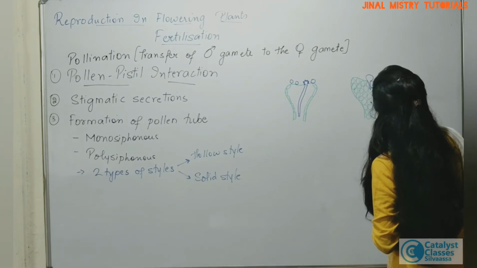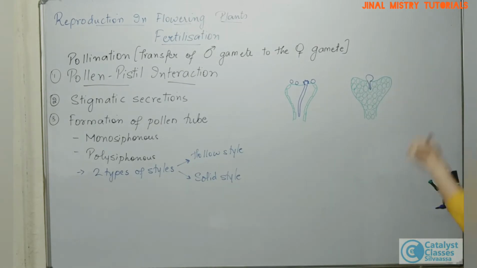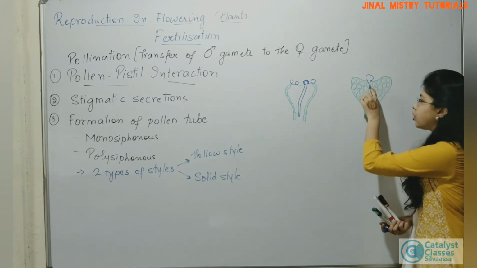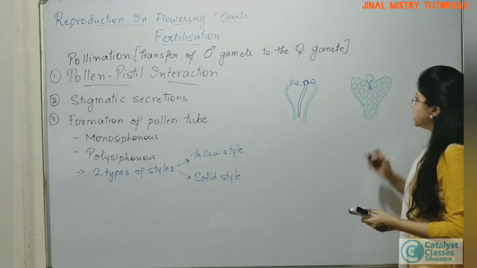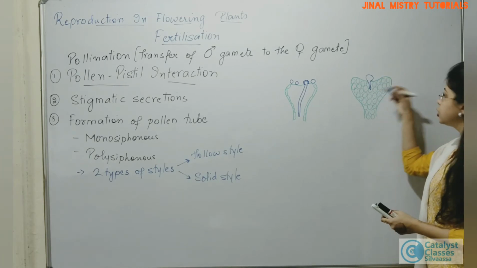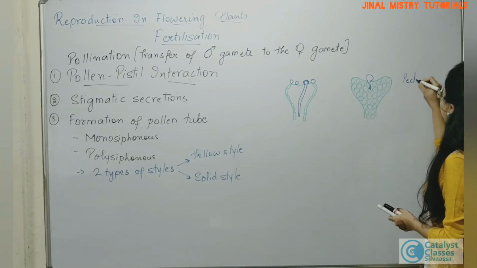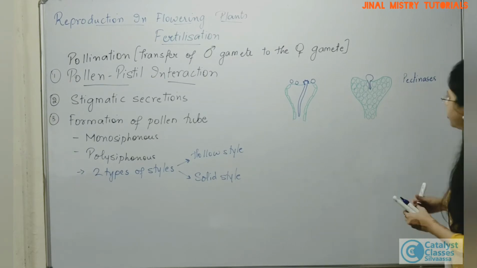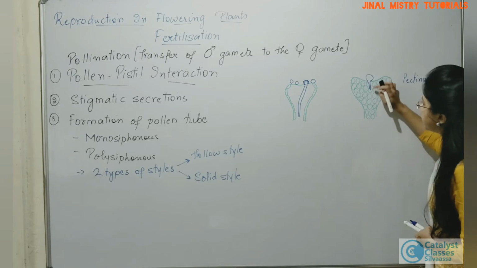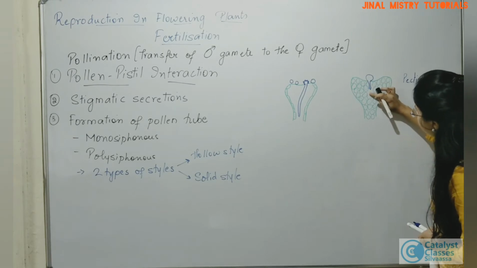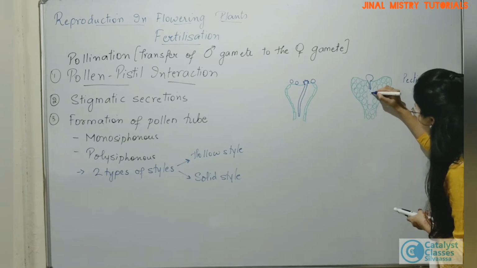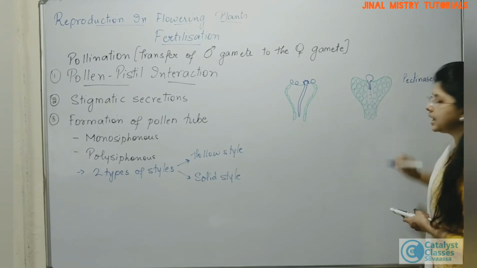This pollen tube which is forming is going to damage, or you can say degenerate, the cells of this type, because the pollen tube is going to secrete enzymes like pectinases. These pectinase enzymes are going to digest the wall of the cells present in the surrounding, and as the pollen tube extends, these cells get digested and the pollen tube gets extended.